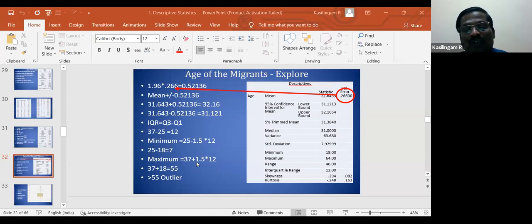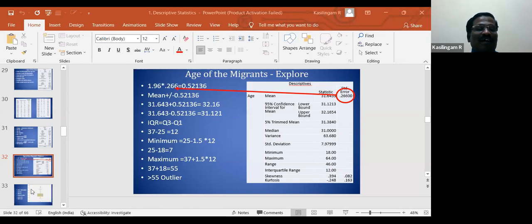Okay. So now 1.5 into 12 is 18. So 37 is the Q3. Q3 plus 18 is 55. If any value is more than 55, it is an outlier.